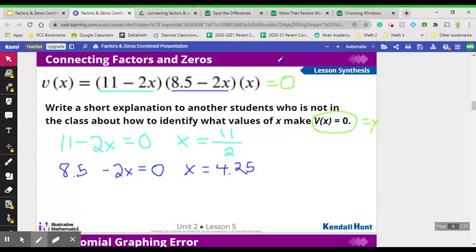And then the last one, something to look out for: when you just have x as a factor, that means this x right here is just going to be 0 automatically. And that's something to remember for future problems. And that's how you would find all the values when y is 0 or v of x equals 0. And just remember that all those x's you're finding are your x-intercepts, or your zeros, in another way of saying it.